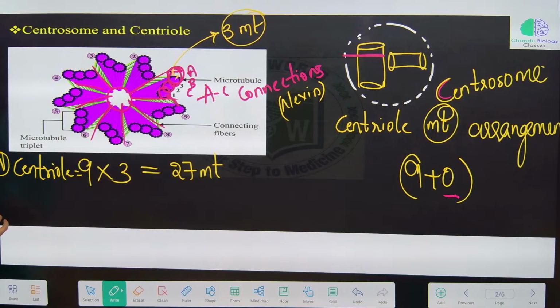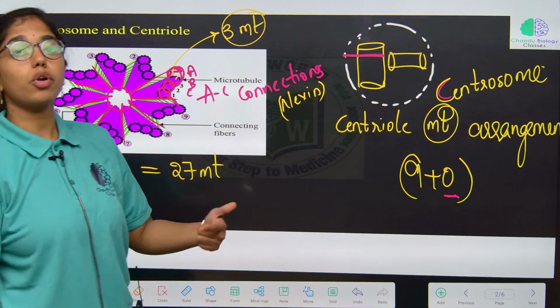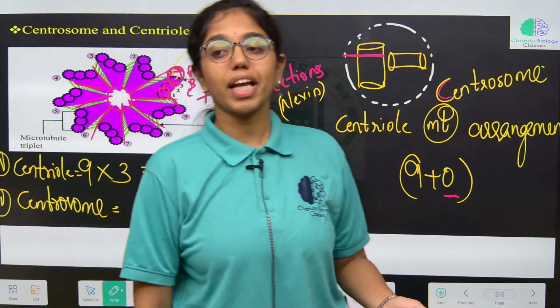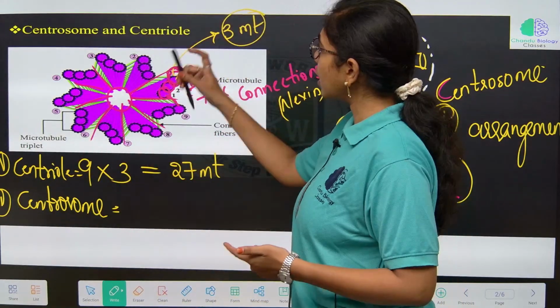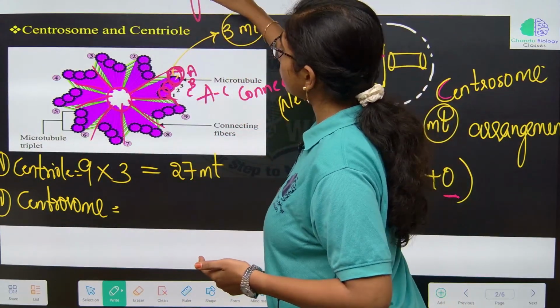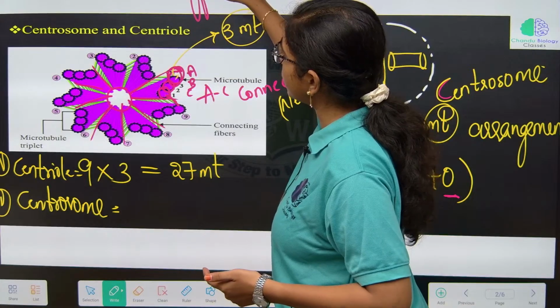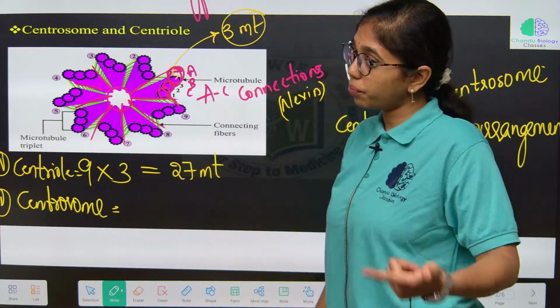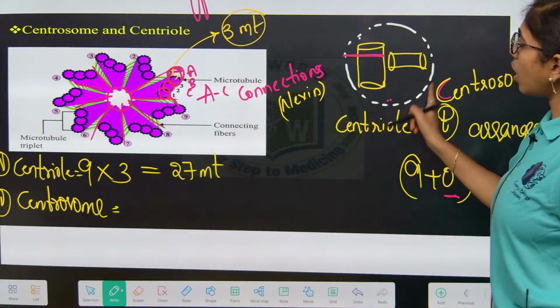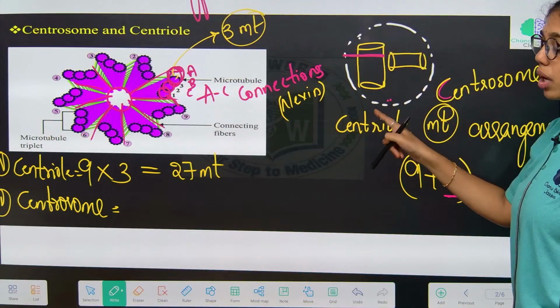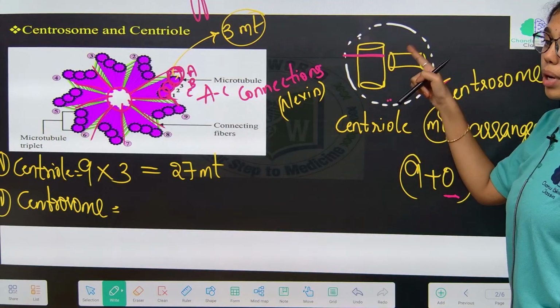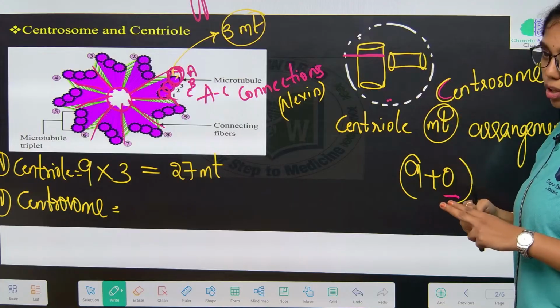If the question is about one centrosome, do not get confused between the terms centrosome and centromere. Centromere is the primary constriction that you see inside a chromosome. Centrosome is a non-membrane bound organelle that holds two perpendicularly placed centrioles.